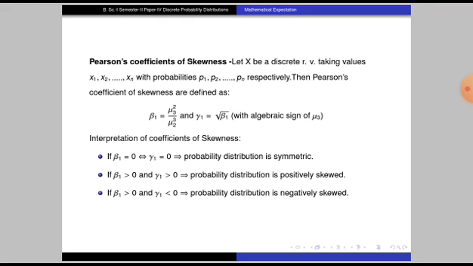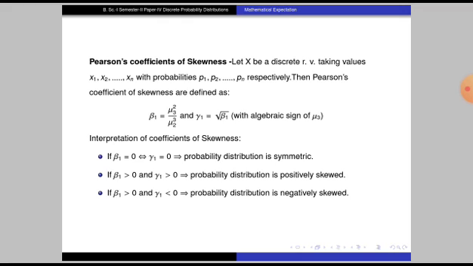Now we use the same concepts, but here in the context of probability curve. Here we have a random variable and we have probability distribution of that random variable.